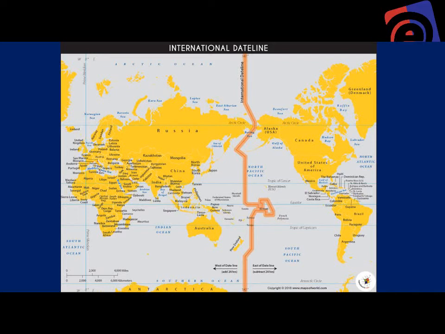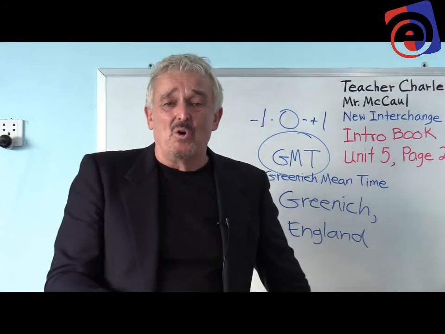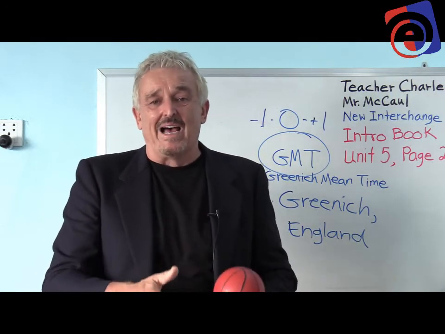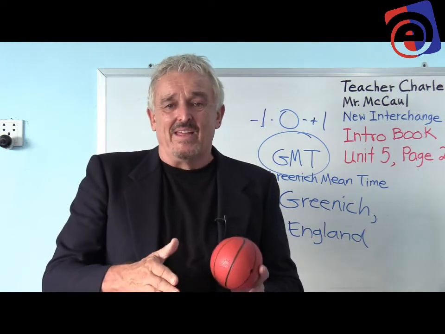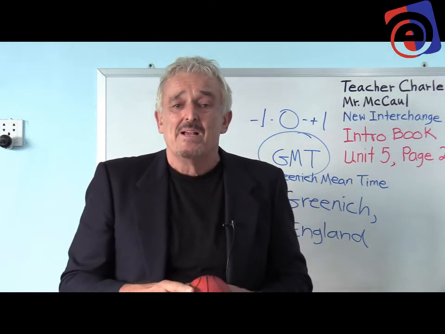And so if you're in the east, if you're in Cambodia, and you're flying in your airplane to the United States, you leave on Monday and you arrive on Monday. For example, many times I've flown on the airplane from Cambodia. I fly from Cambodia to Taiwan or Korea, and then from Korea I fly to Los Angeles or San Francisco.